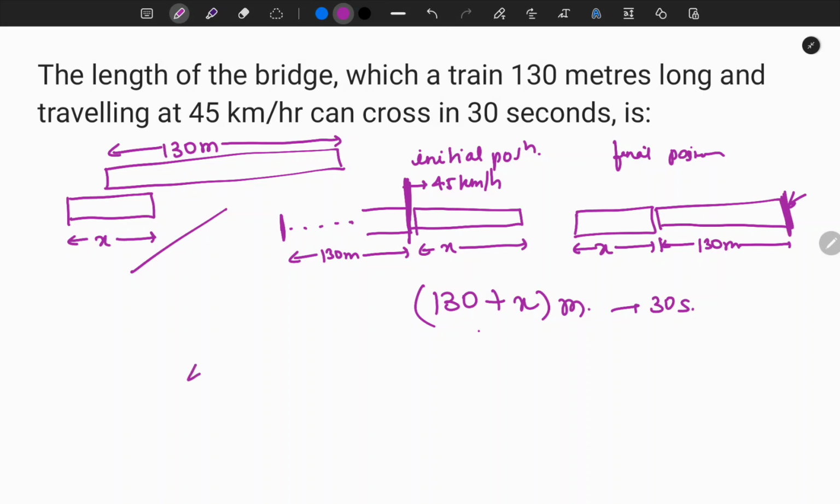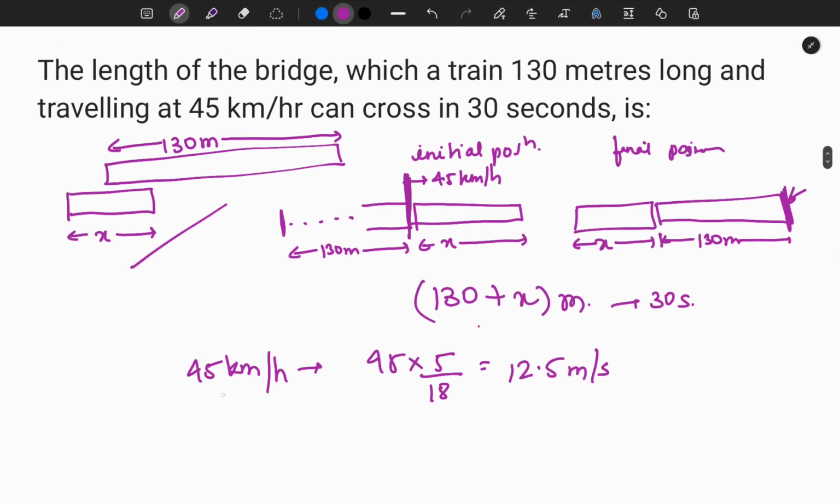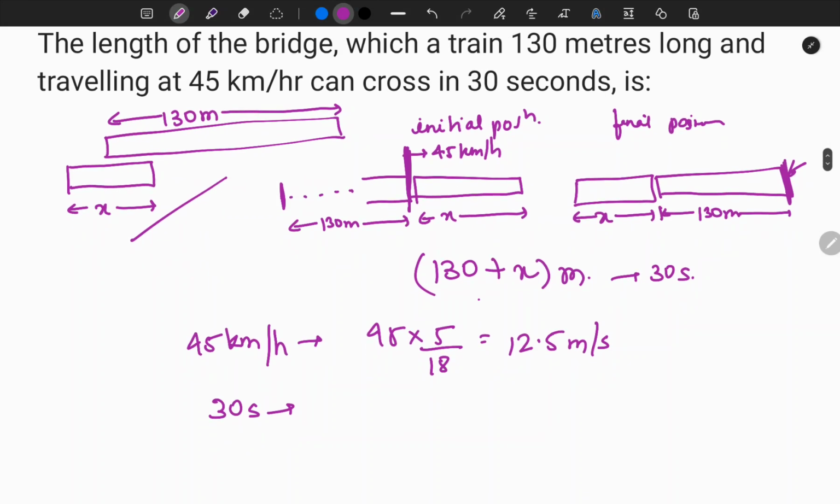So first let's see what 45 kilometers per hour would be in meters per second. 45 into 5 by 18 is equal to, as we saw when we solved the previous question, 12.5 meters per second. And it took 30 seconds for the train to cross the bridge.